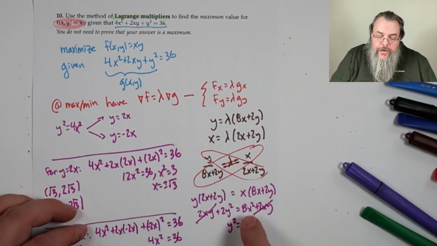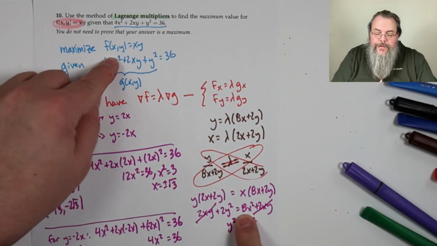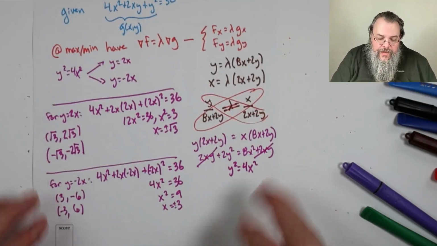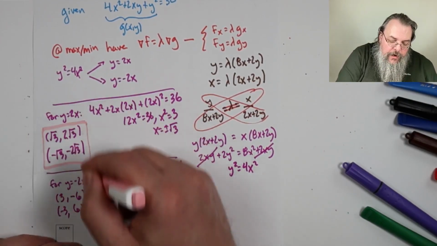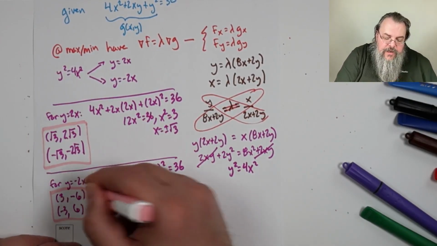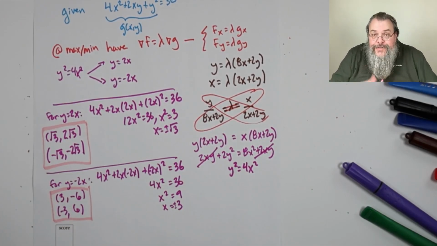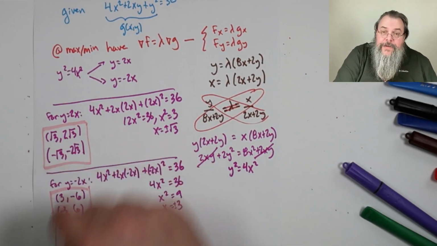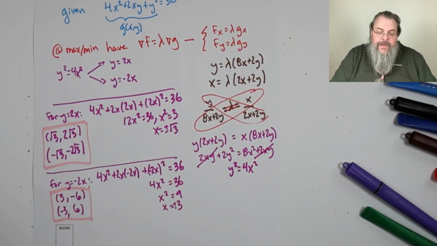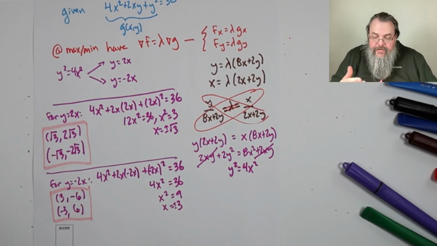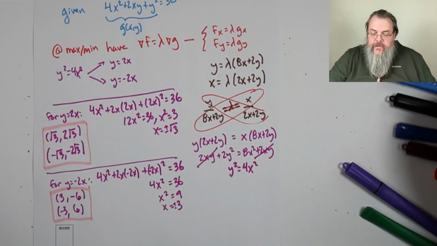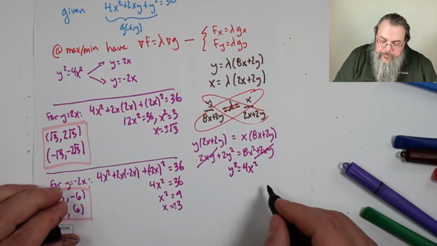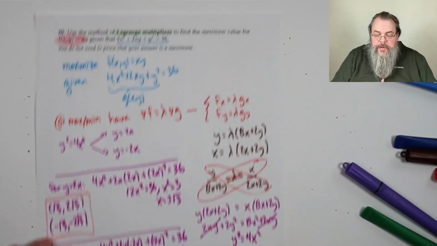And now, with two relationships, we solve for our points, and we have 4 points. Our max and our min will occur somewhere on one of these 4 points. Now, we don't need the min, we just need the max. So what's our last thing to do? We need to plug each one of these points in.